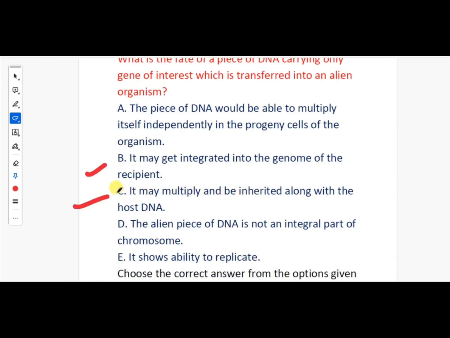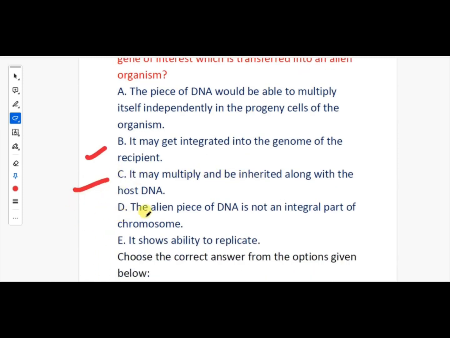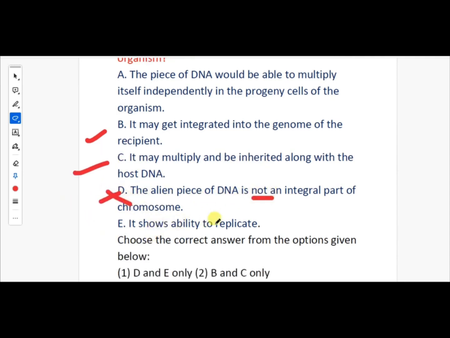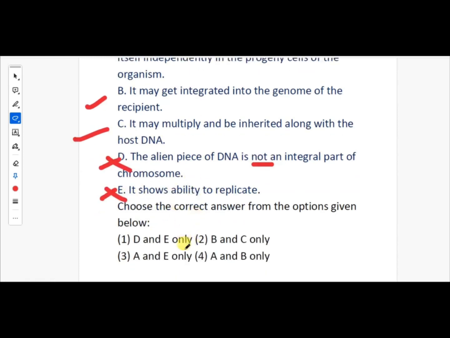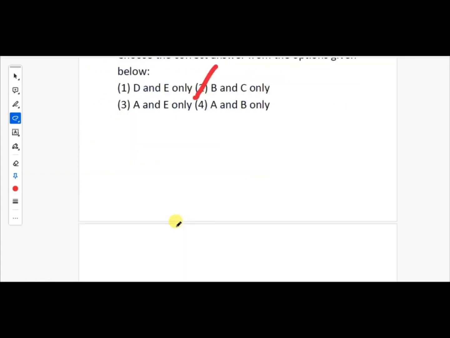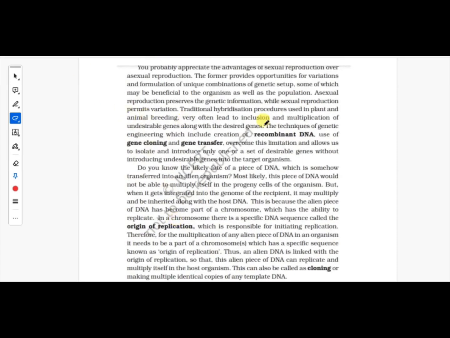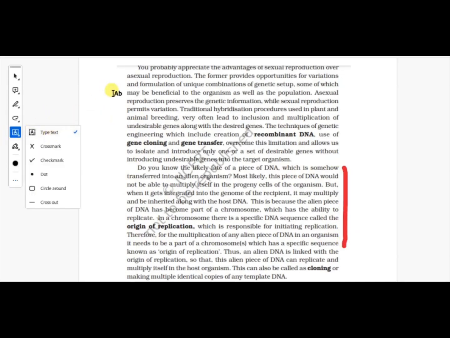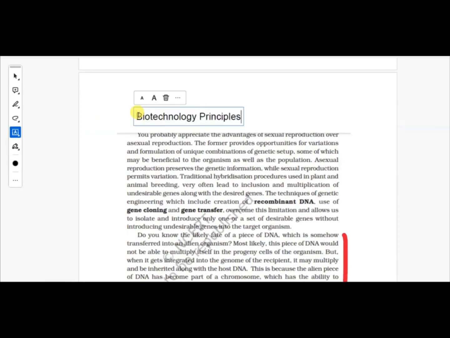It's right. Alien piece of DNA is not an integral part of chromosome. Sorry, it's wrong. It's an integral part of chromosome. So it's wrong. It shows ability to replicate. It's wrong. And answer is B and C. So option 2 is the answer. And you can see the NCERT line here, the topic related to the question. And this is from the chapter known as biotechnology: principles and processes.